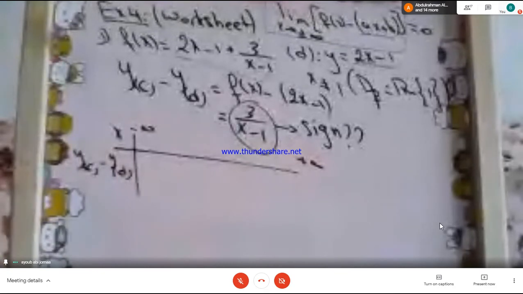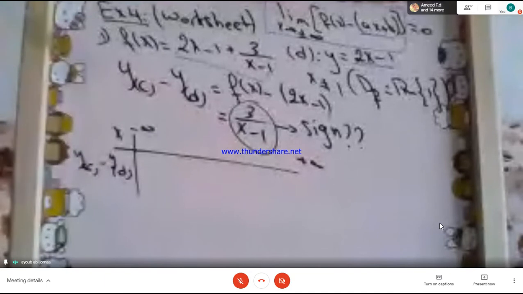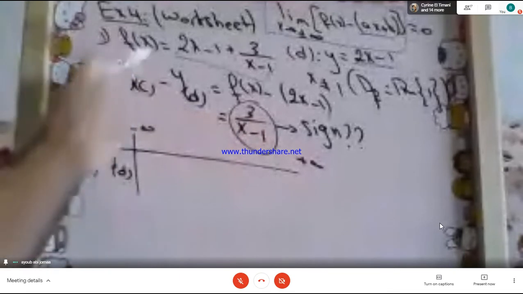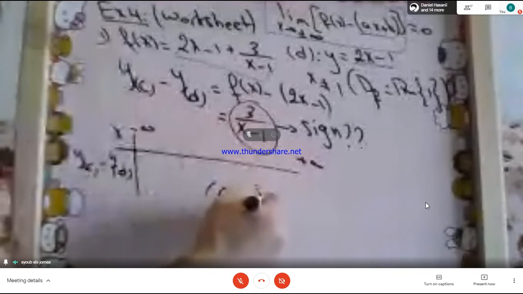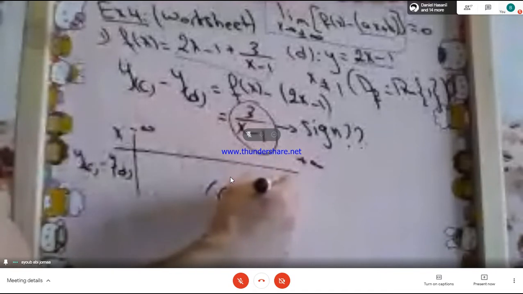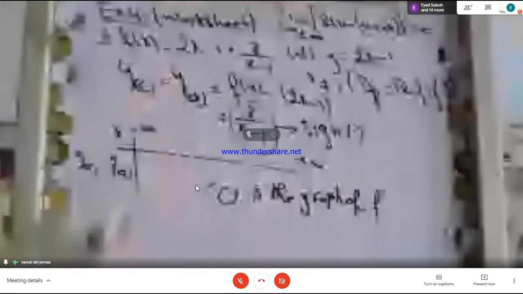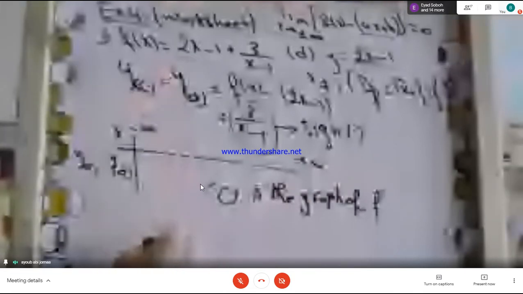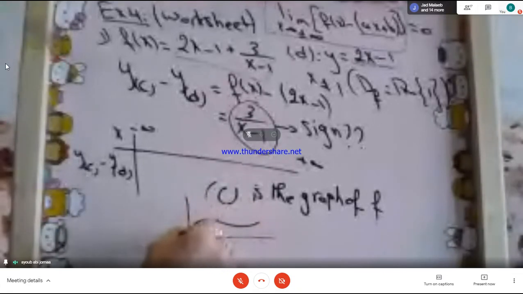Okay. Step number 1, in order to determine the sign, let me give it to you in the simple way. We haven't defined yc. That is f of x. C, to remind you, is the graph of f. It is the graph of the function. Any point on the graph has coordinates x, y.